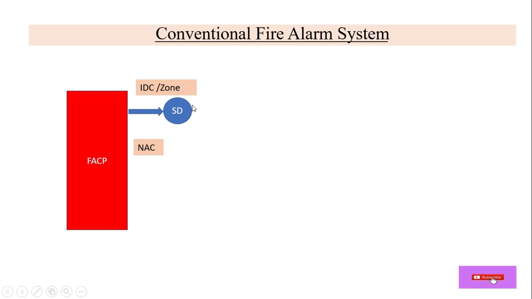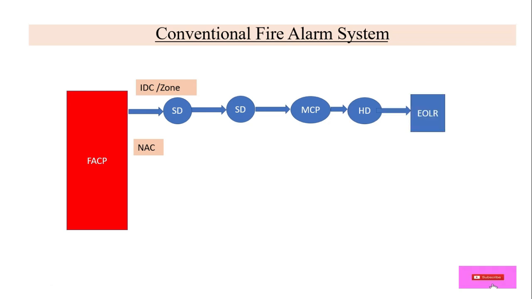Here I have taken the loop from this smoke detector to another, then the third is an MCP, then a heat detector, and at the end we have to use an end of line resistor. With the help of the resistor we terminate this circuit. So this is the IDC circuit completed for the conventional fire alarm system. From here the fire alarm detects the fire or faults where they actually happened.